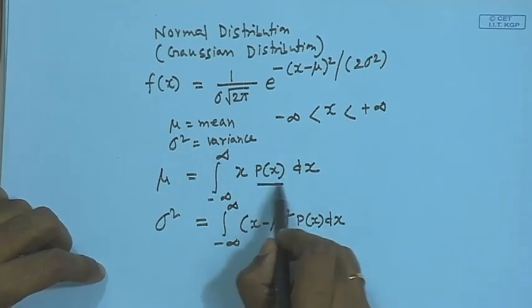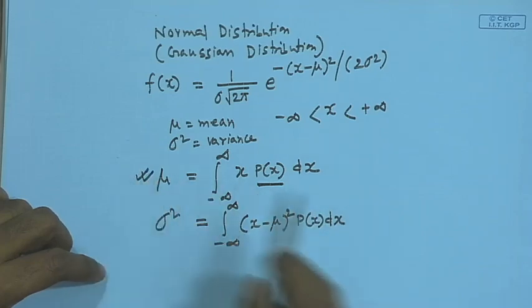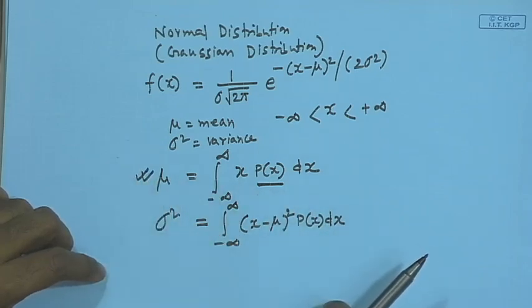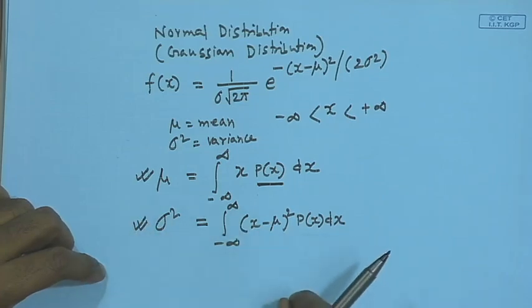So, given the probability density function P(x), the mean is defined as follows and the variance is defined as this equation.